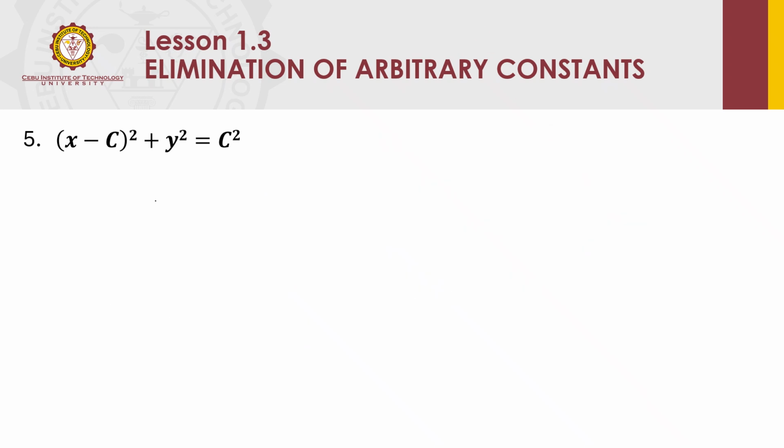Another approach for this item is to remove the grouping symbol so that we can combine the arbitrary constants and then eliminate them by differentiation. If we square this, this is basically plus c squared, which is also present here on the right side.